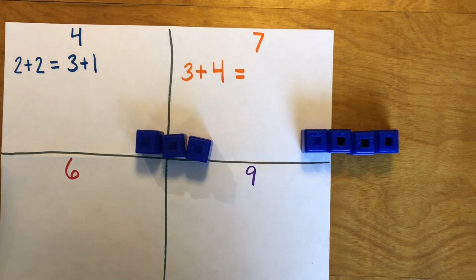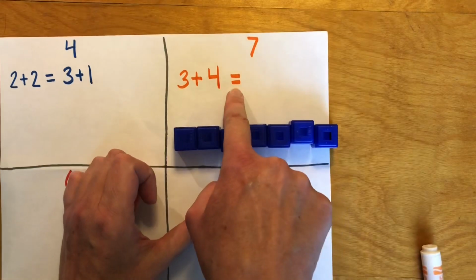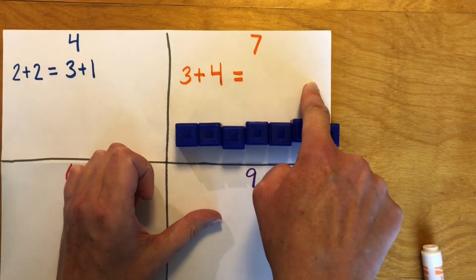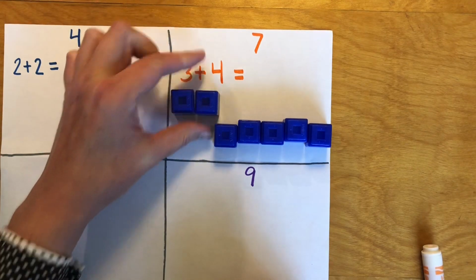But remember, we're coming up with equivalent addition sentences, so I'm gonna write another one on this side. How else could we divide up the 7? Let's put these 2 up here.